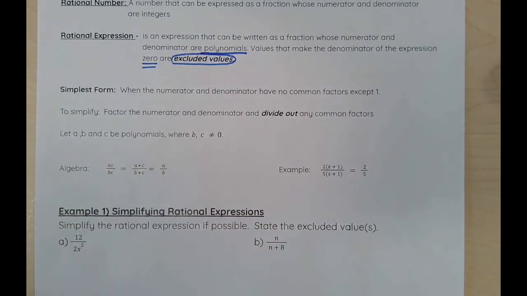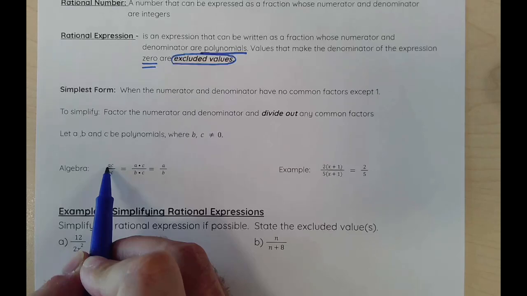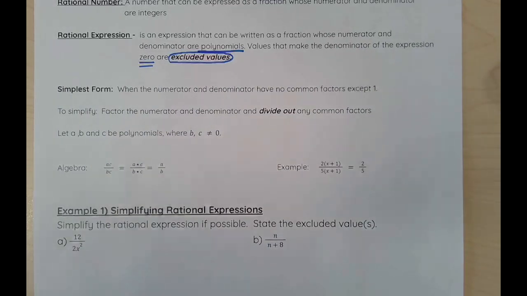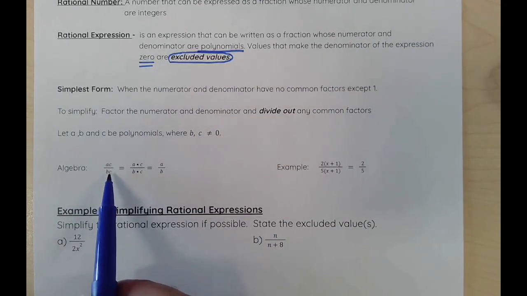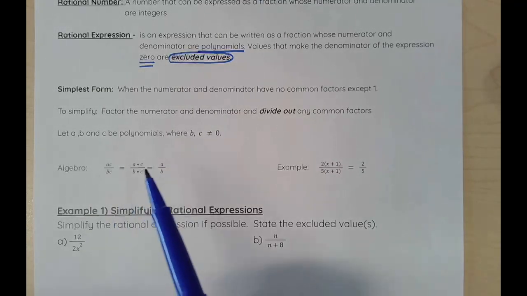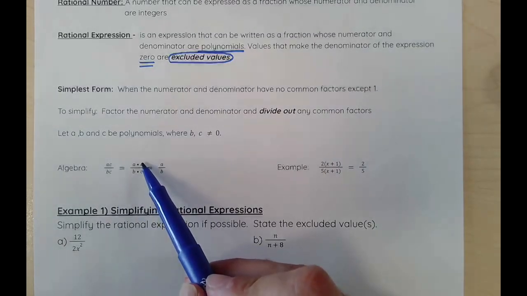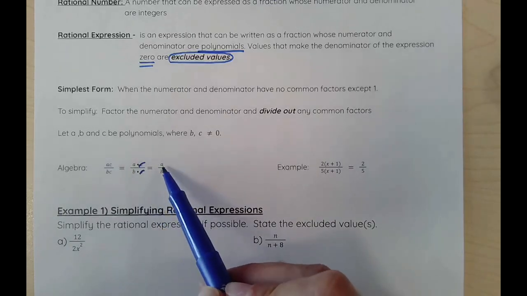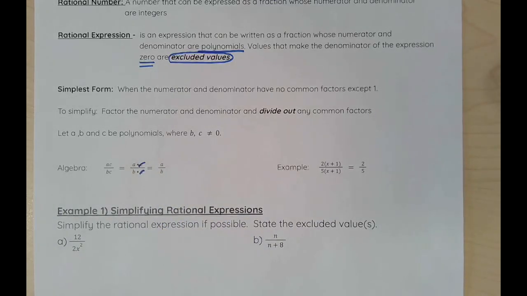I'm going to have algebraically a polynomial times a polynomial divided by a polynomial times a polynomial. If two of those polynomials are equivalent, they will cancel out and no longer be left in my simplified version.